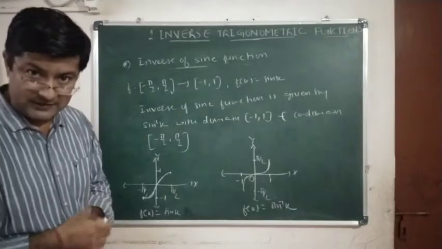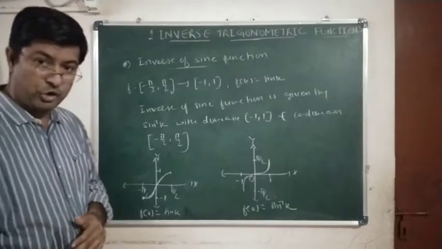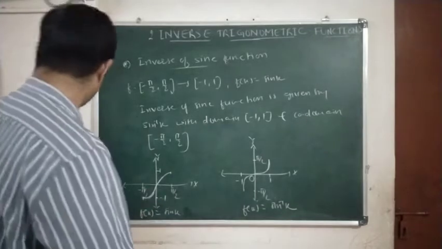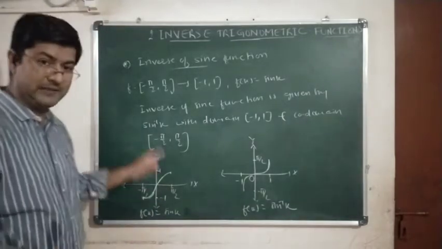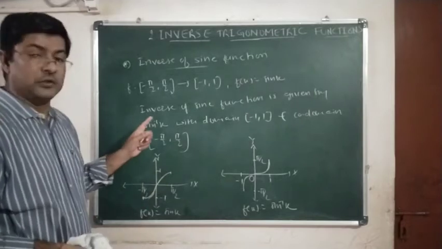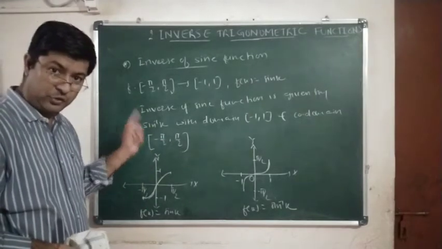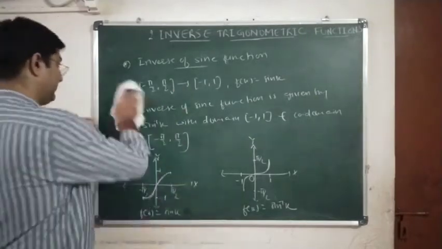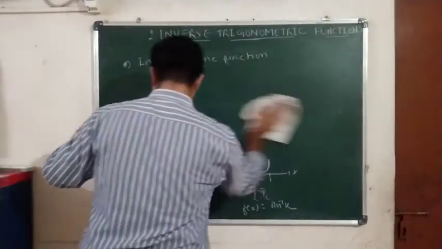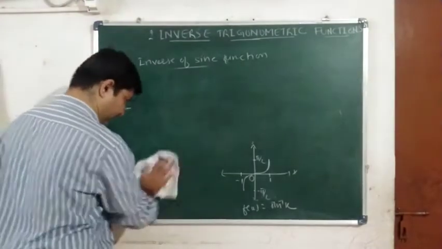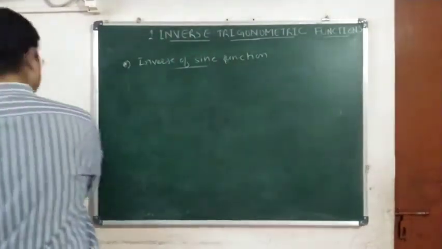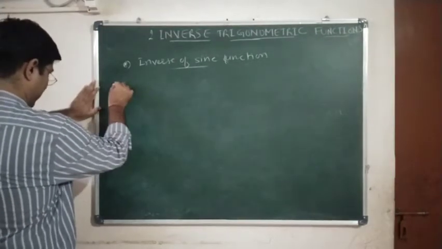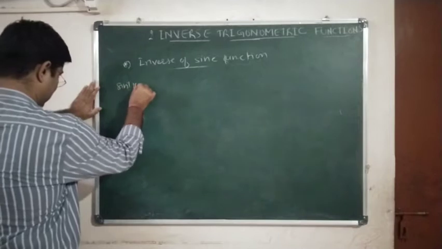Similarly, we can understand the inverse of other functions: cos, tan, sec, cosec and cot. So let us see now one by one. Once again, for the sine function I will write down the sine inverse function, domain, codomain and principal value branch. Let me write down for sine inverse x only.